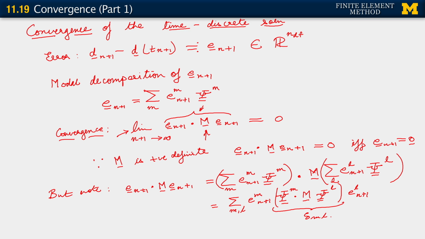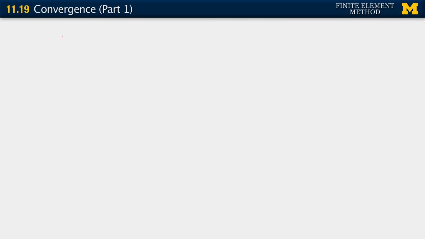Right? Well, if that is the case, we know that this product that we started out with, E^{n+1} dotted with E^{n+1}, equals the sum over m of E_m^{n+1} E_m^{n+1}.